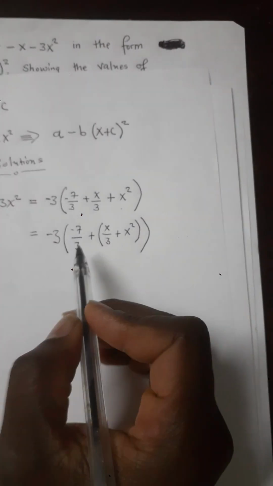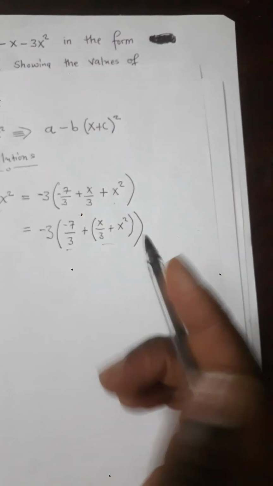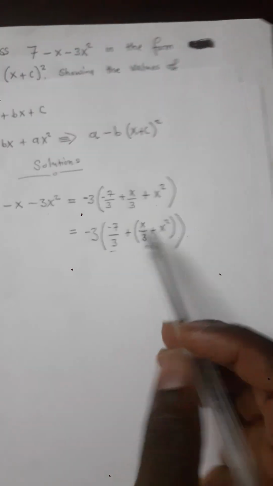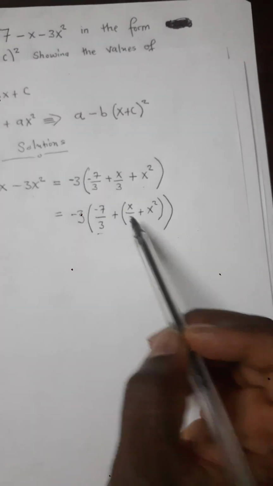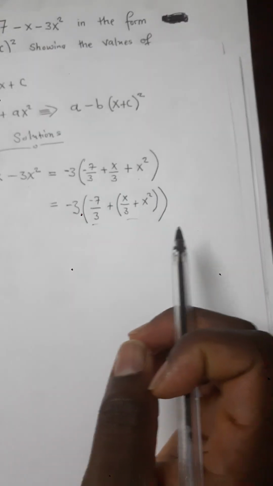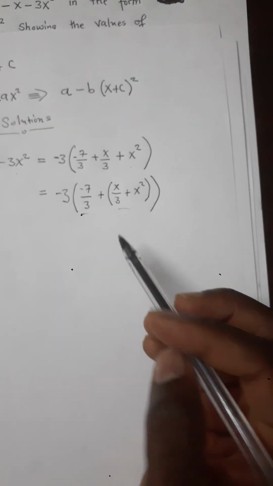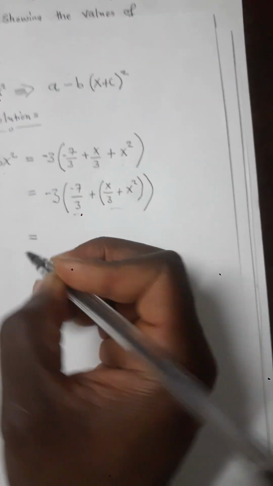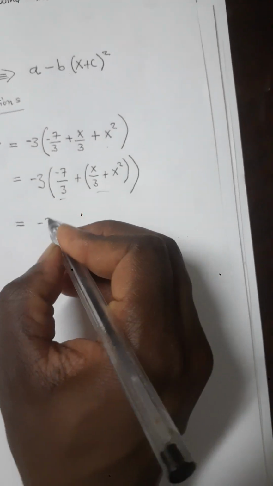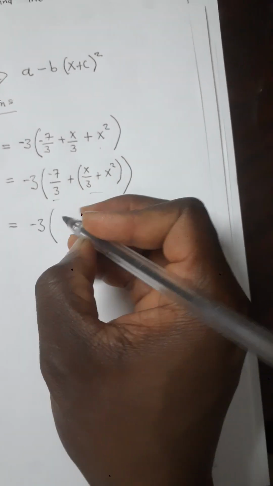I'm just dividing this and that. In fact, to avoid wasting time, you can even skip this. I'm just doing it for the sake of the viewers to understand. So this is equal to minus 3 open bracket.